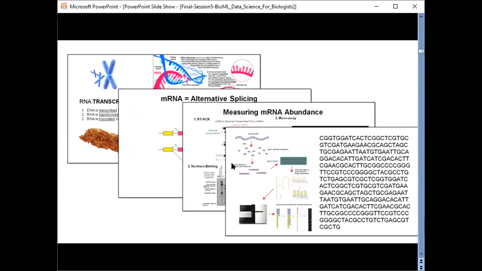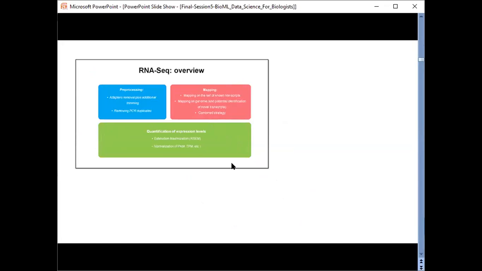Then we also learned about the NGS RNA-seq technique, how we can measure RNA abundance using NGS. Next, we learned what the different steps are that are important for RNA-seq data analysis.